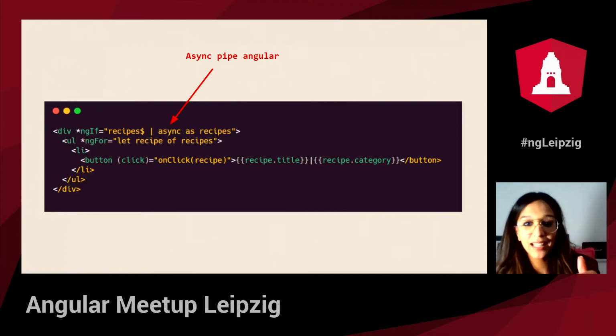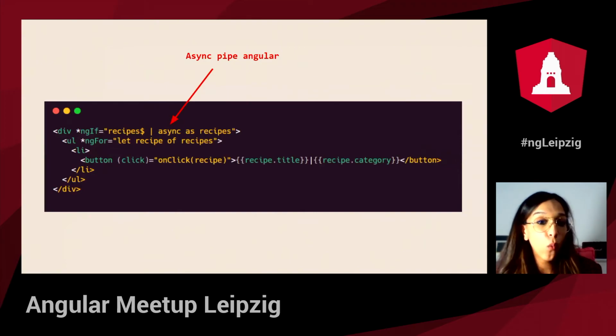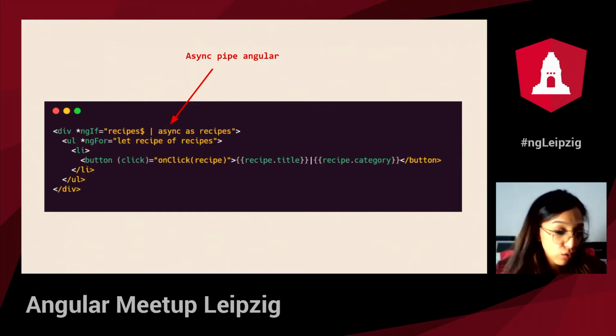So here, the first candidate is async pipe. And the second one: sometimes you can't always subscribe to your streams in the template, and you are in situations where you need to subscribe inside the component.